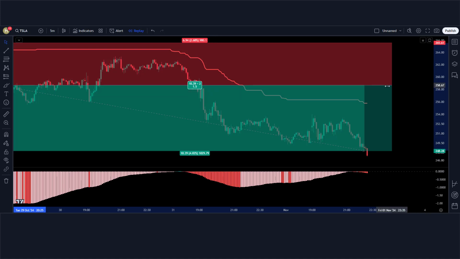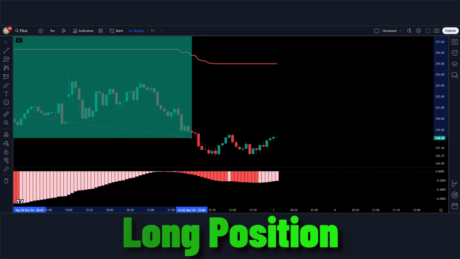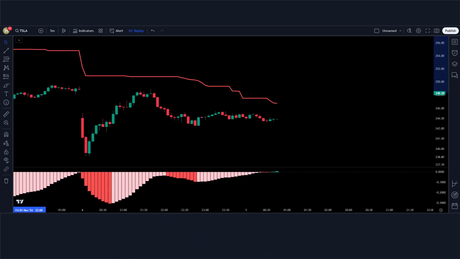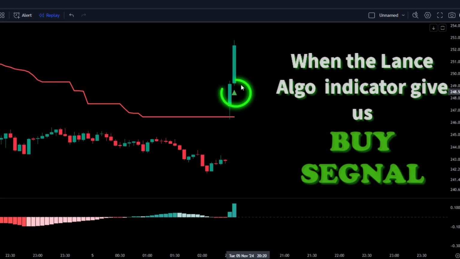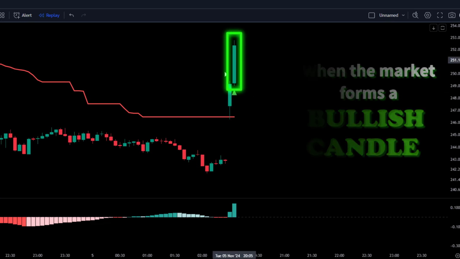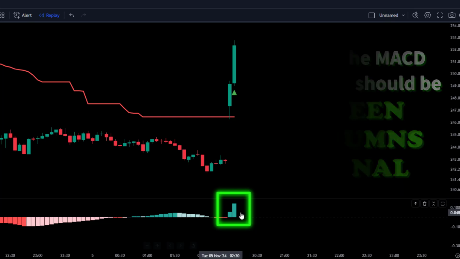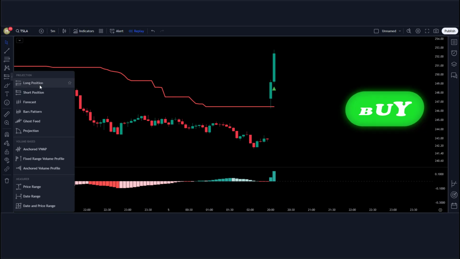The market has completely hit the target. Now let us understand the long position. When the Lance Algo indicator gives us a buy signal, when the market has formed a bullish candle, and when the MACD indicator shows a green column signal, if this condition is fulfilled, then we will place a buy order.